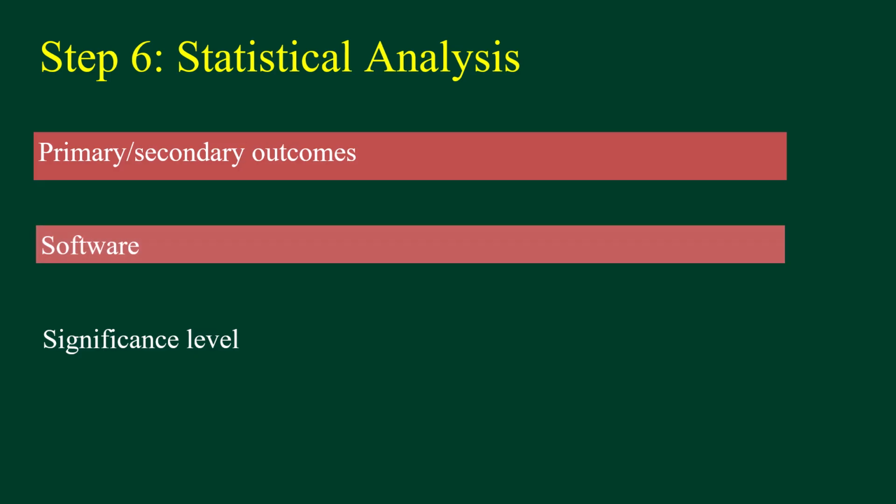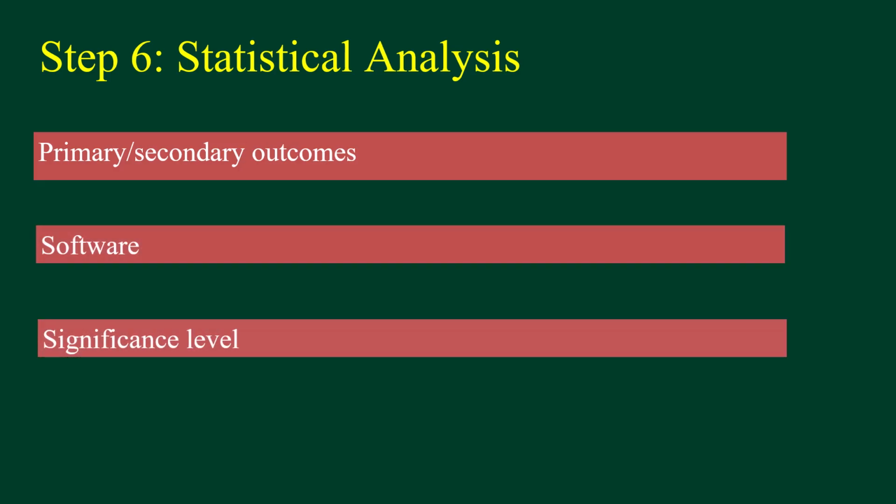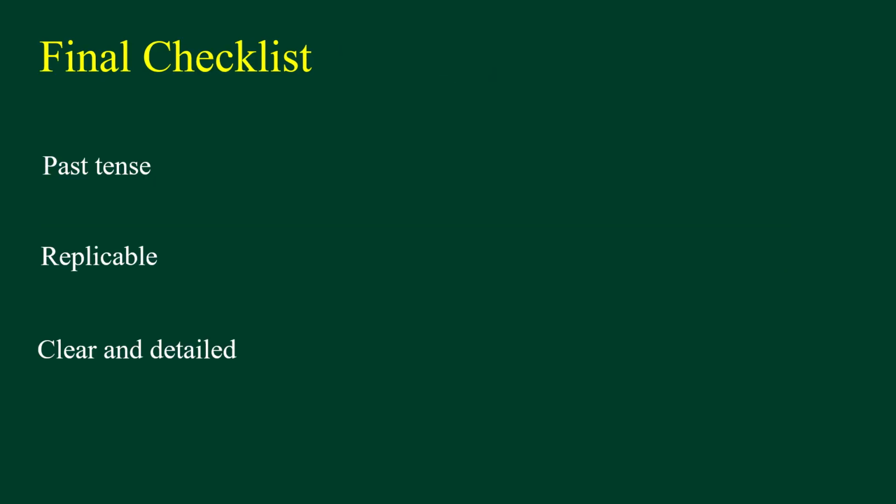So statistical tests used are usually ANOVA, t-test, regression, chi-square, and software used are SPSS, GraphPad Prism, etc. Now, confidence intervals, significance levels, and p-values, these are very, very important for the significance of your study. These reflect how significant your study was. So you can write this: the data was analyzed using SPSS or ANOVA.